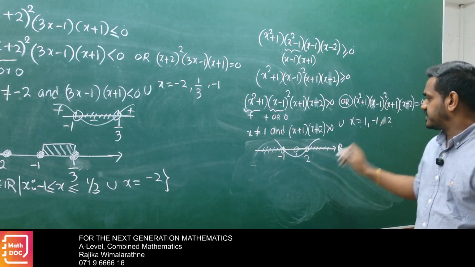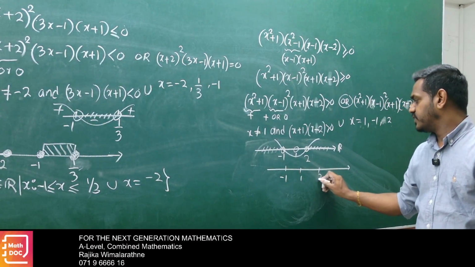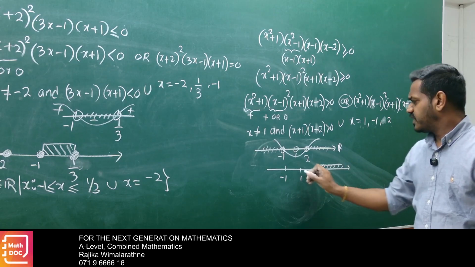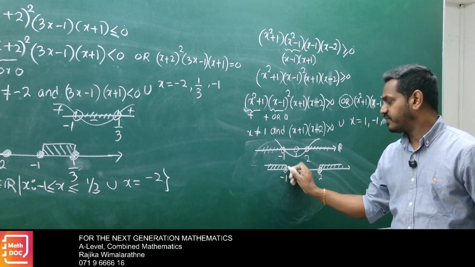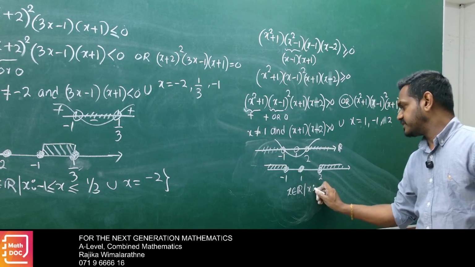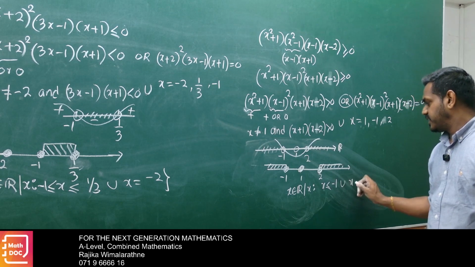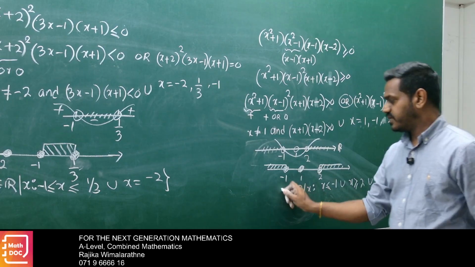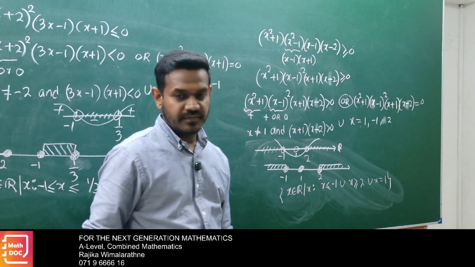Then finally include this. So both together -1, 1, 2, greater than or equal to, equal 1, less than or equal -1. Then x element of real set, x such that x less than or equal -1 union, x greater than or equal to, union x equal 1. You have to write, separate all things at once, okay?